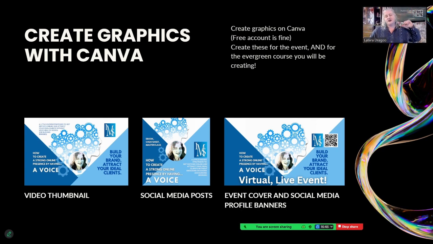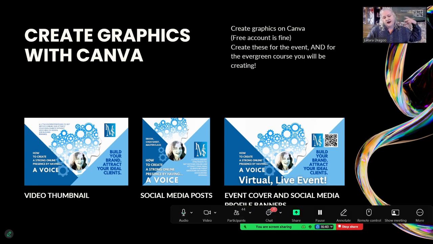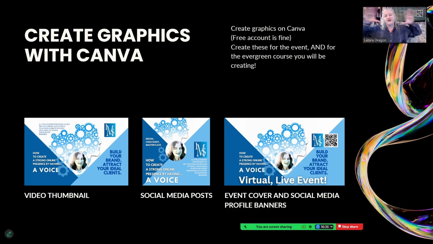That way you can do the thumbnail for the YouTube video, you can do Instagram posts, you can do Reels, you can do the banner going across your Facebook profile or your LinkedIn profile. So there are all these different formats that you can create, and it's all promoting the same thing. It's consistent and it attracts attention.